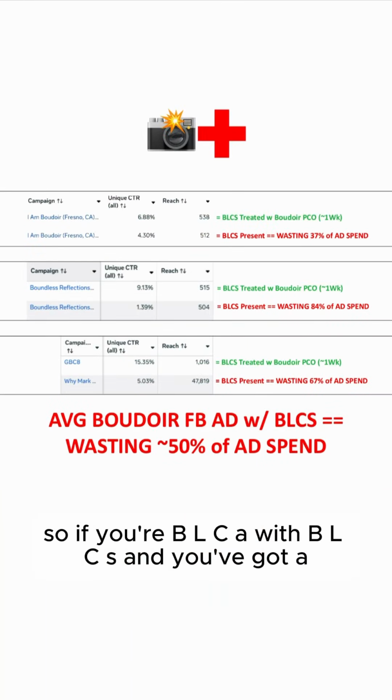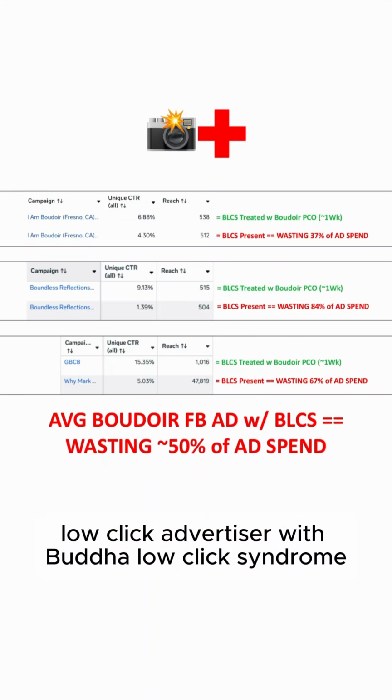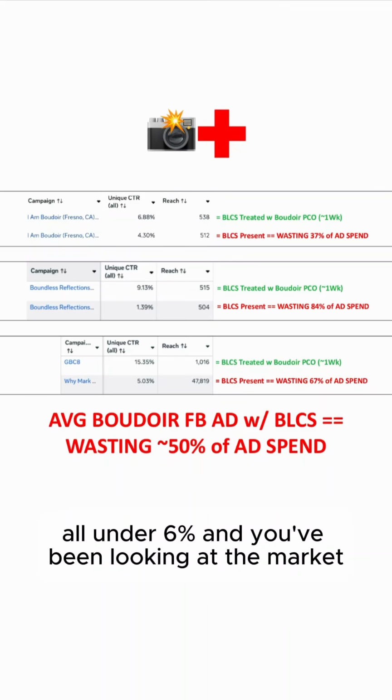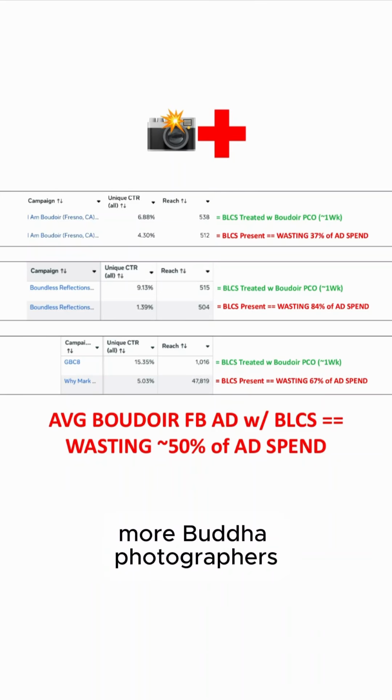So if you're a BLCA, your Boudoir low click advertiser with Boudoir low click syndrome, so your Boudoir Facebook ads have a unique CTR under 6%, and you've been looking at the market, seeing it get more and more saturated, more boudoir photographers.